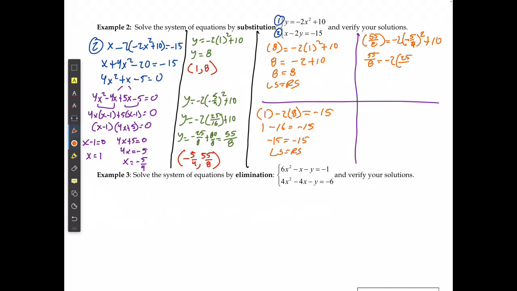Let's deal with this first. Plus 10, or 55 over 8 would equal 25 over 8 plus 80 over 8, which does balance out.